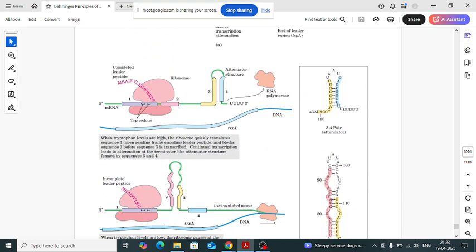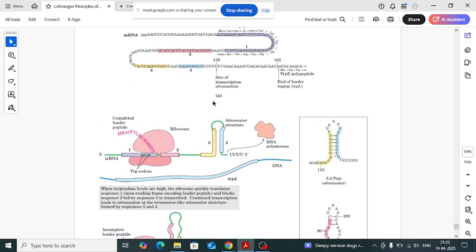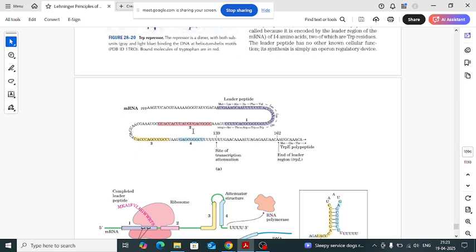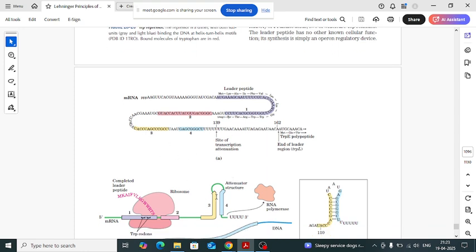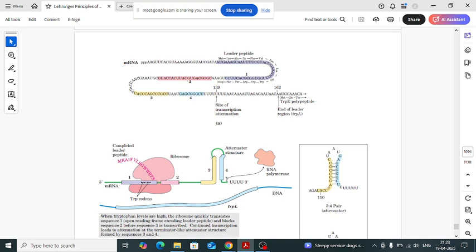Okay, so now you can see that when trpL, which is the trp leader sequence, encodes this mRNA, right? As we know, after the fourth region there is an attenuation sequence. So due to this attenuation sequence, regions 3 and 4 will make a hairpin loop here, right, which is followed by this polyuracil, right?